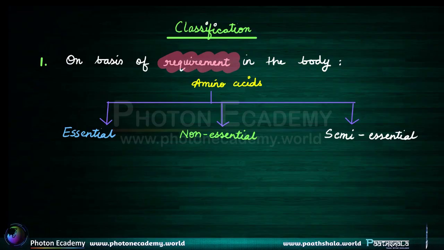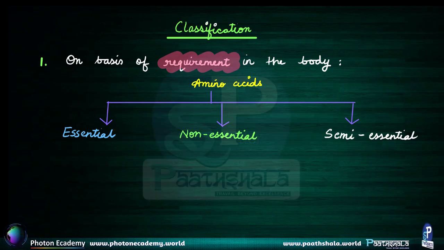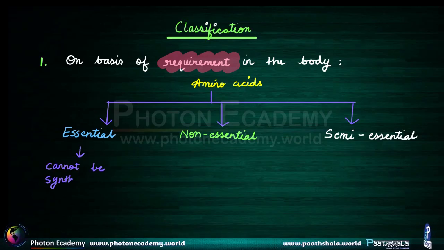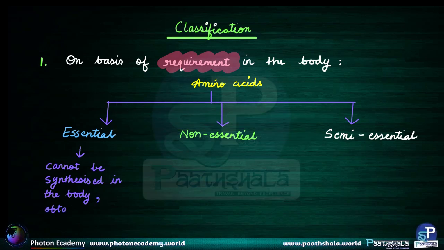Now, what are these? Essential amino acids are the ones which cannot be synthesized in the body and must be obtained through diet. So they cannot be synthesized in the body and must be obtained from diet.